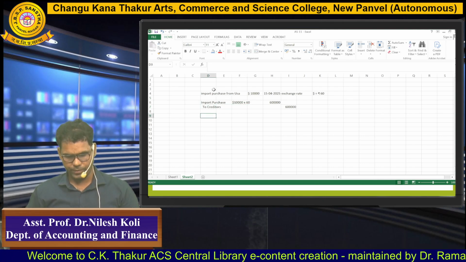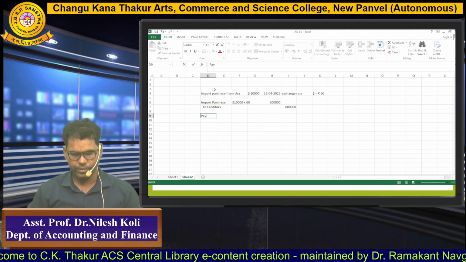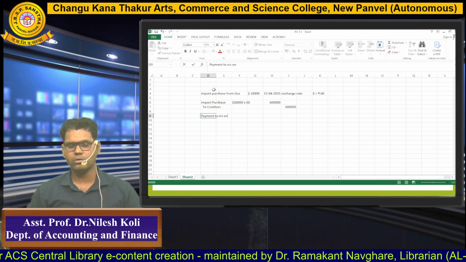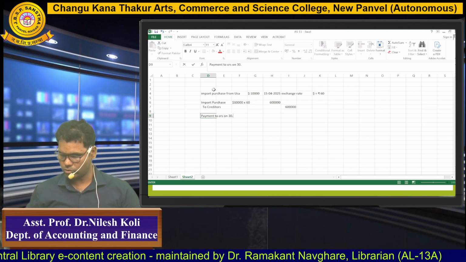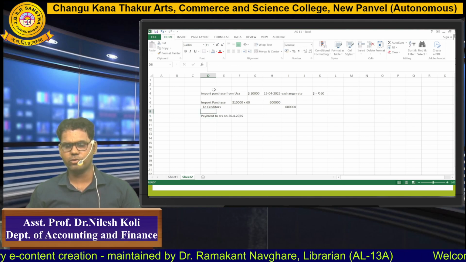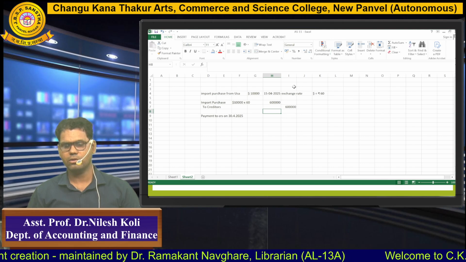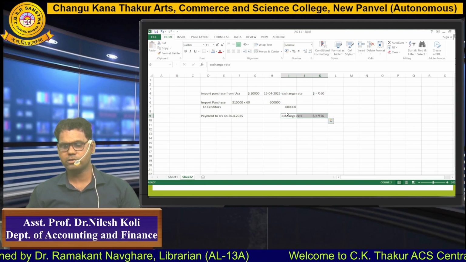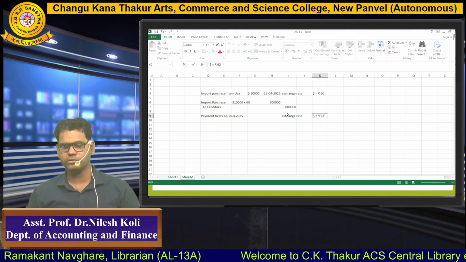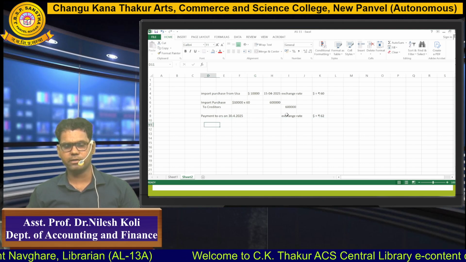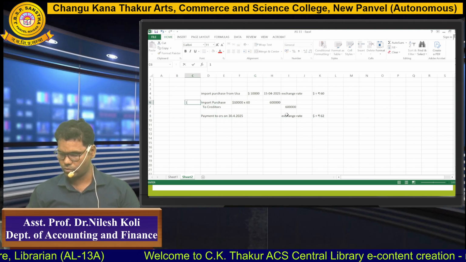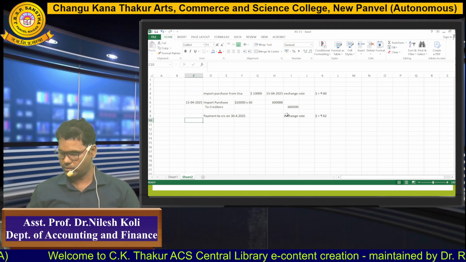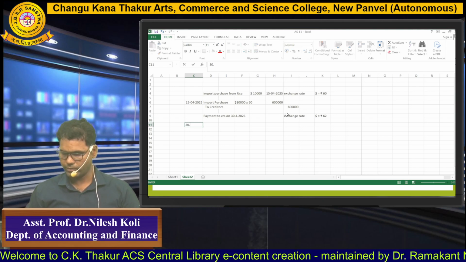Now suppose the payment has been made, payment to creditors on 30th April 2025, and that time the exchange rate was, say, 60 rupees. The first entry was passed on 15th April 2025. Now the second entry we are passing, the payment entry, has the date 30th April 2025.